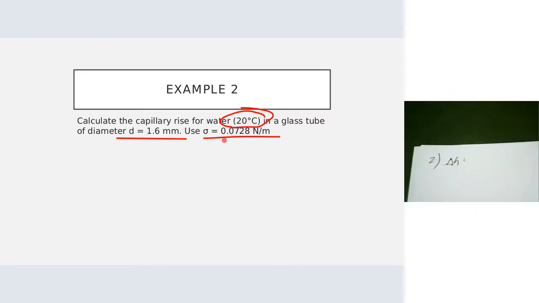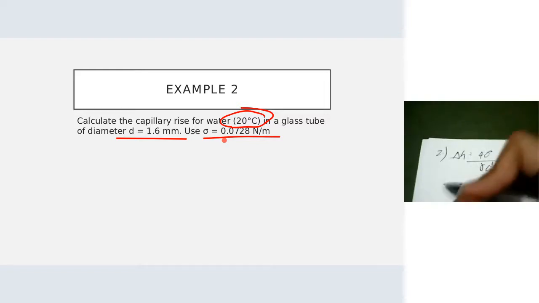Okay. So, yung delta H natin is 4 sigma over gamma D cos theta. So, wala tayong given na theta. Ibig sabihin, we will disregard this. Okay? This will just be equal to 1. No? Meaning dyan, yung theta mo is 0.